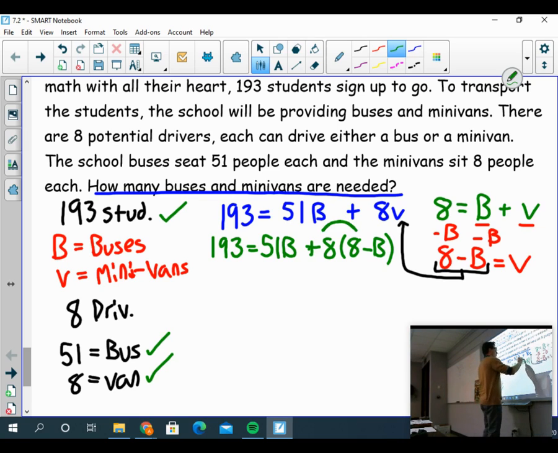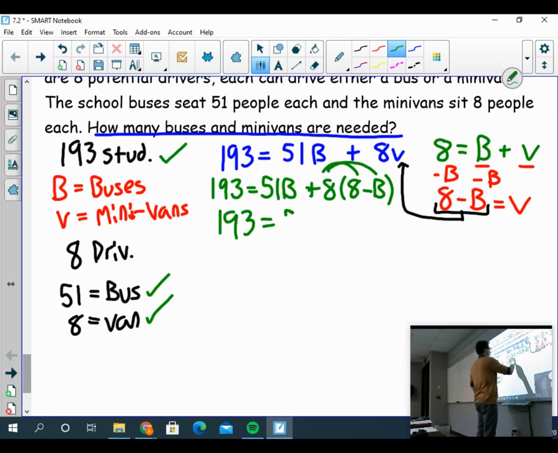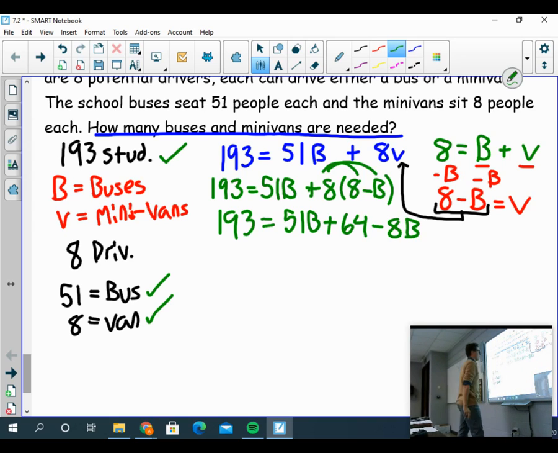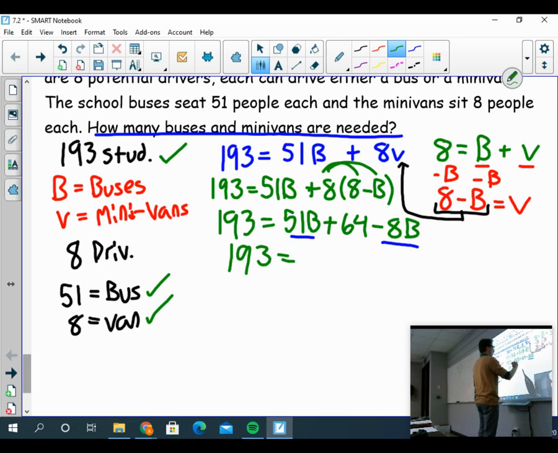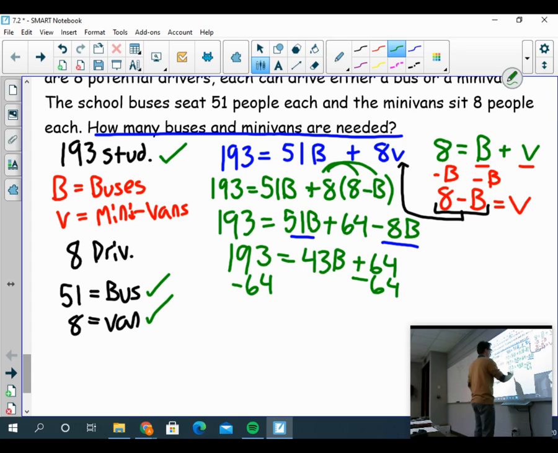There, go ahead and solve for B. Distribute the 8. I get 193 equals 51B plus 64 minus 8B. From there, I go ahead and combine my like terms. And I get 193 equals 51 minus 8 is 43B plus 64. Subtract 64 from both sides.